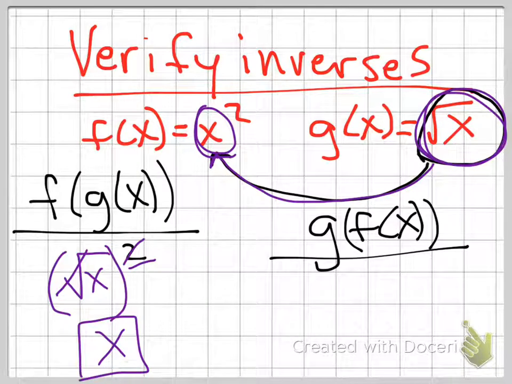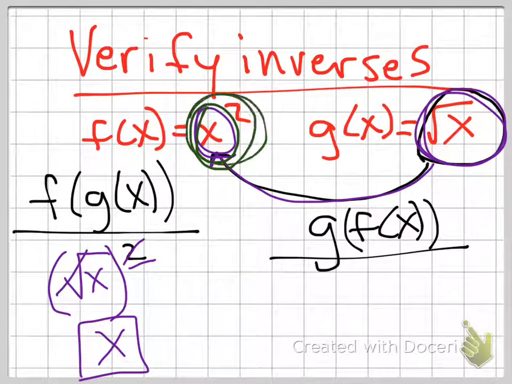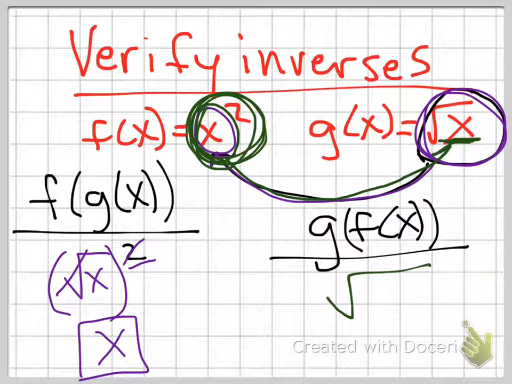We're going to do the same thing, except this time we're going to switch places. So this x squared, the whole thing, is now going to go into just where this x is here. So g of x equals the square root of x, but where the x is, we're going to replace that with x squared.